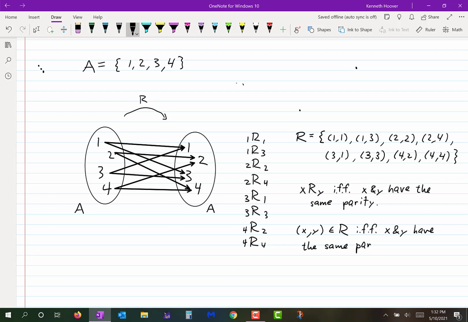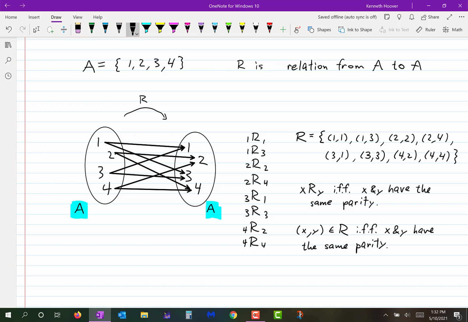Now, notice that the domain and the codomain are the same in this particular case. So first of all, it would be correct to say R is a relation from A to A. That is mathematically correct.